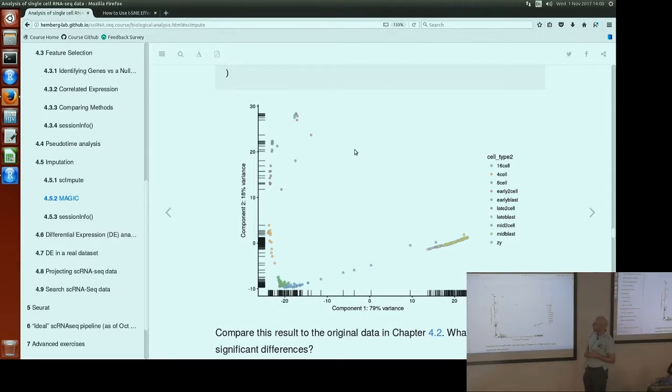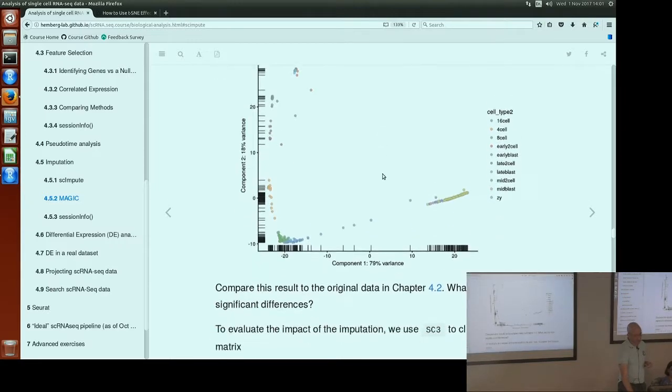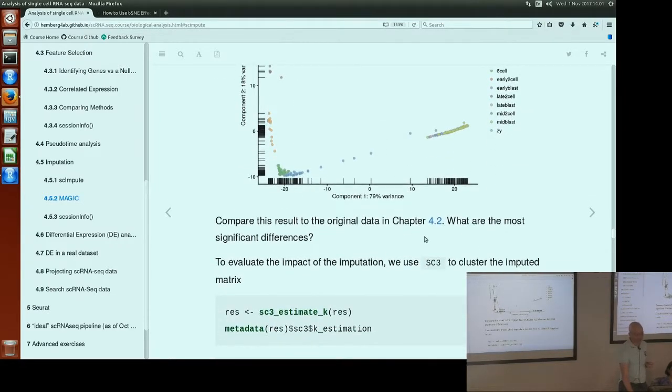Especially if you look at the first component, MAGIC has for some reason put almost all the variance into the first principal component, turning this into almost a univariate data set where everything sits on one line through this high-dimensional space. This is obviously not good, because it seems to have destroyed a lot of the variability that was present in the original data.